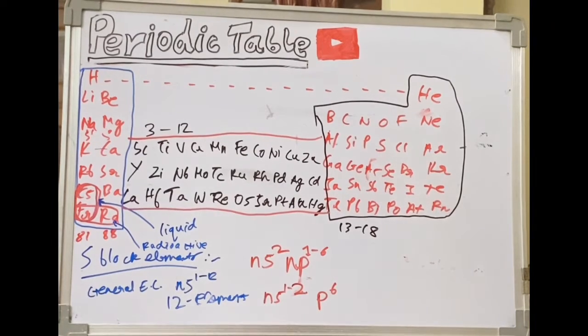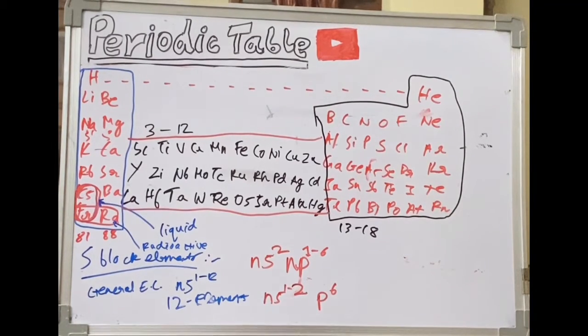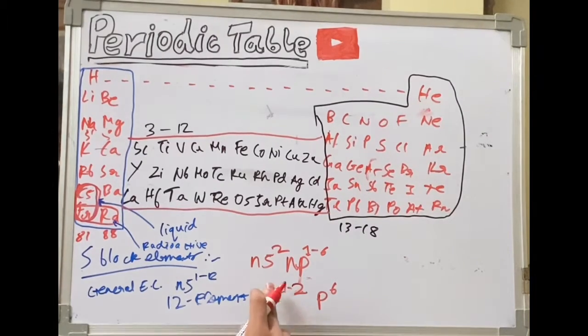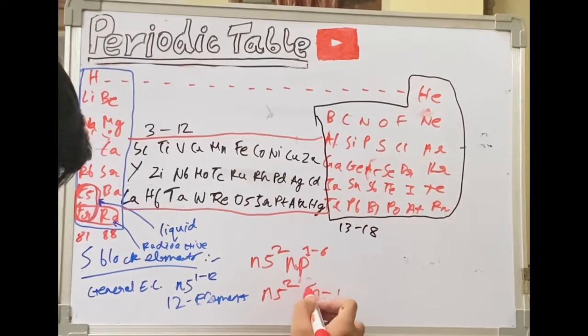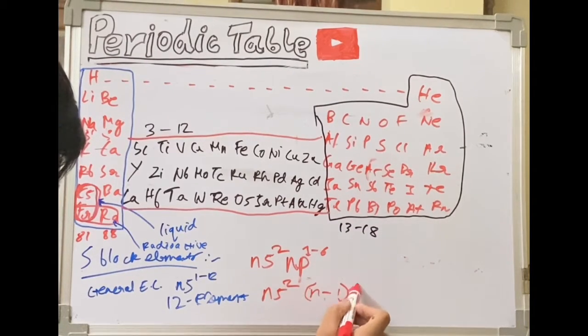Sorry, we won't go in that manner. We'll simply write it as ns2 and (n-1)d1 to 10.